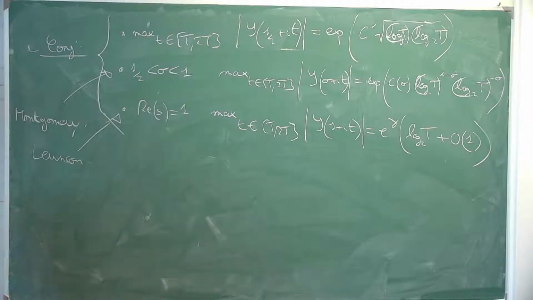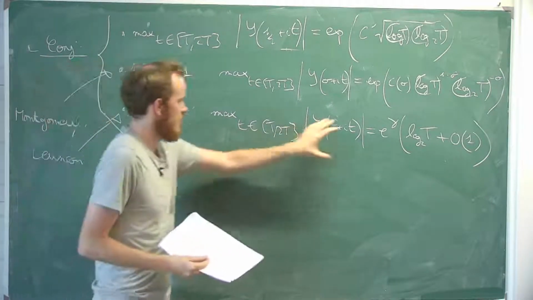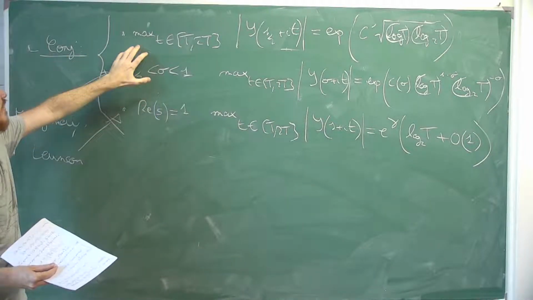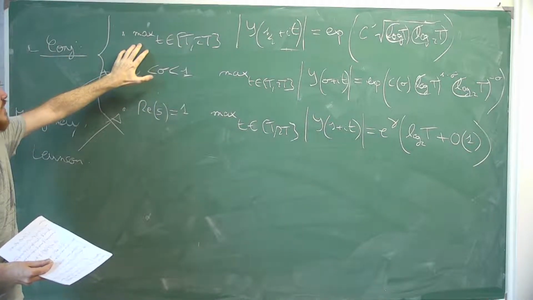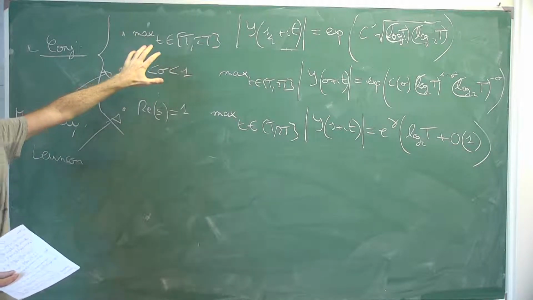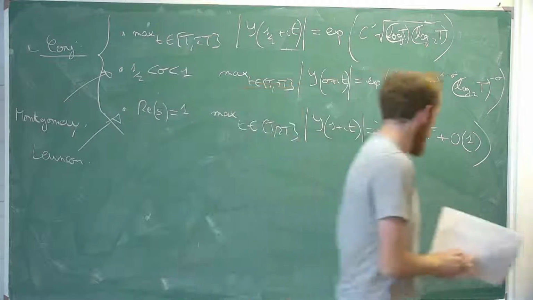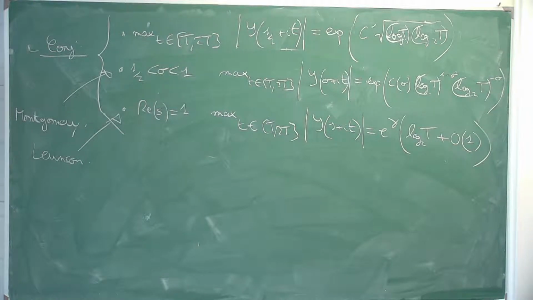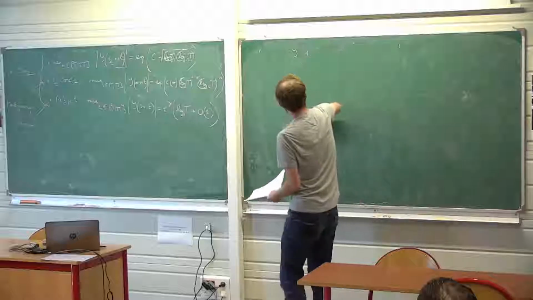Then I will explain how to refine the conjecture here. But first I will explain how you can conjecture this thing coming from an old theorem of Selberg. The situation inside the strip is quite well understood since Montgomery, at least for the Riemann zeta function.